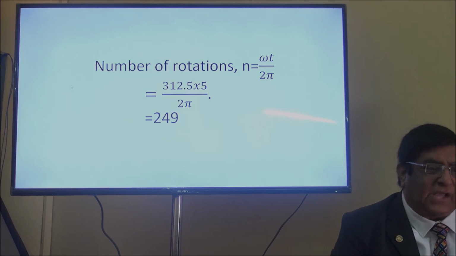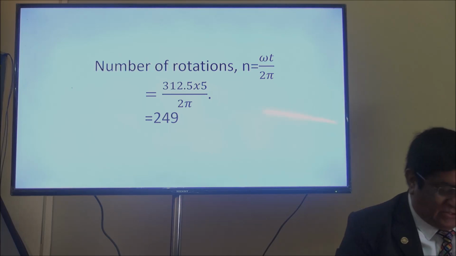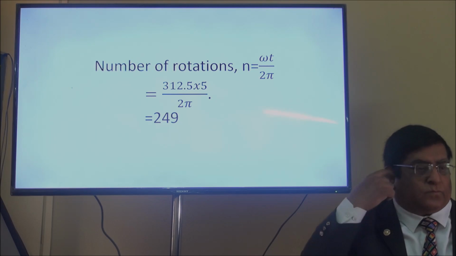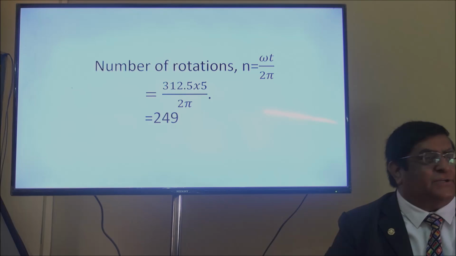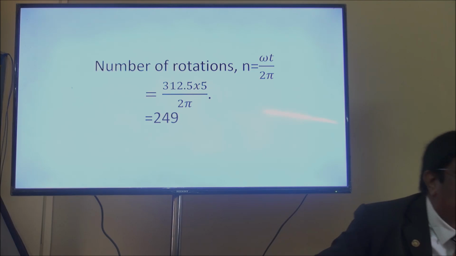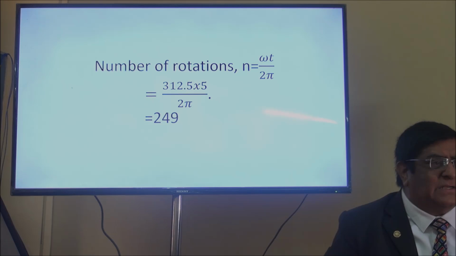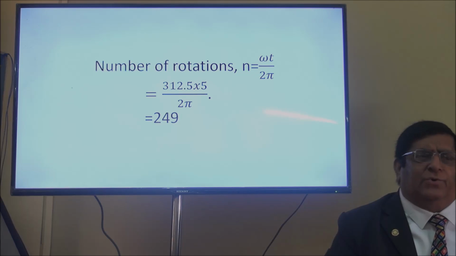What was the value of t? 4.3. How much does it come to now? 182? Is it? 190? 199. That is 200, almost. Okay, so you can do it.